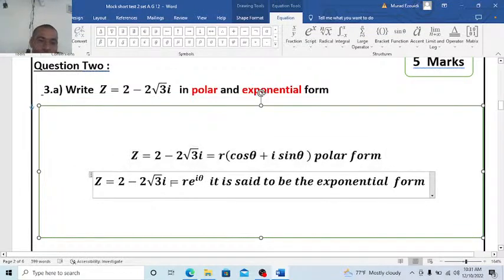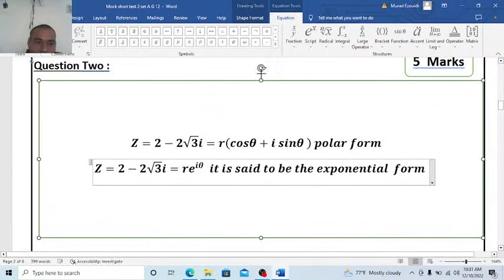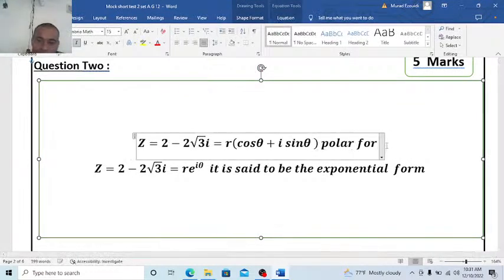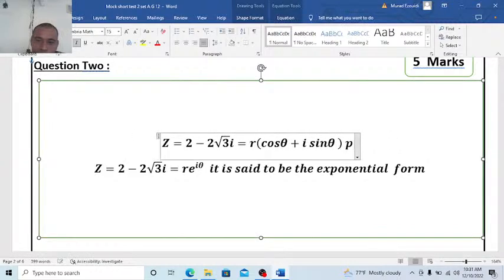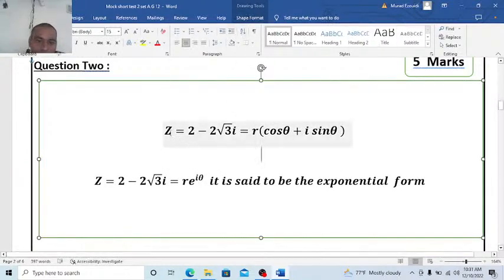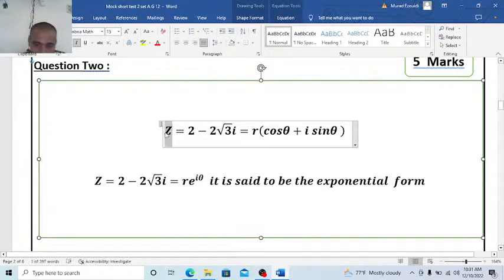So I will now extend this so I can explain. First of all, I will start by writing the modulus of z. The modulus of z is equal to, I will copy this to use it.